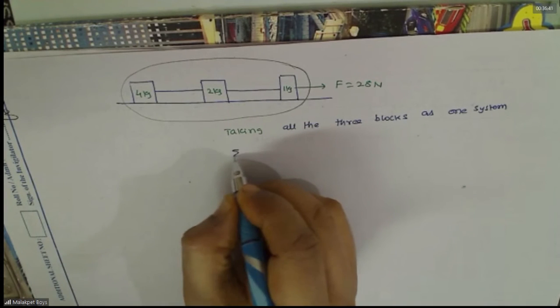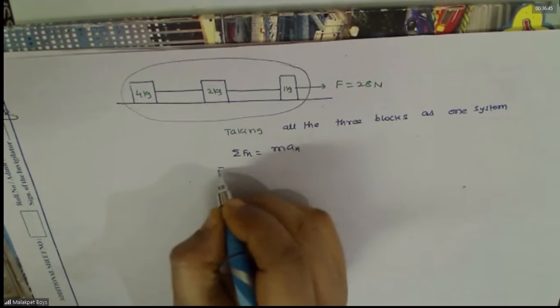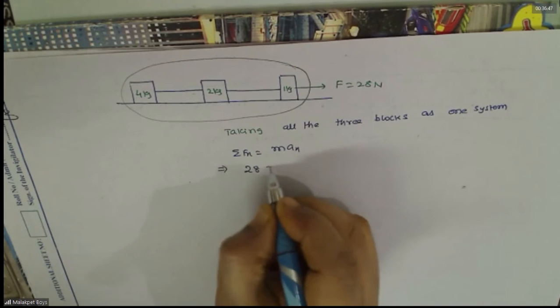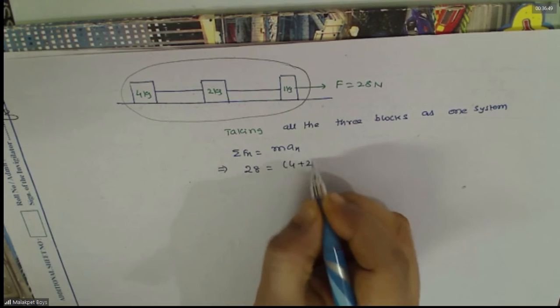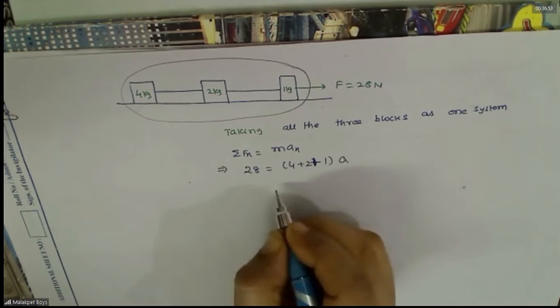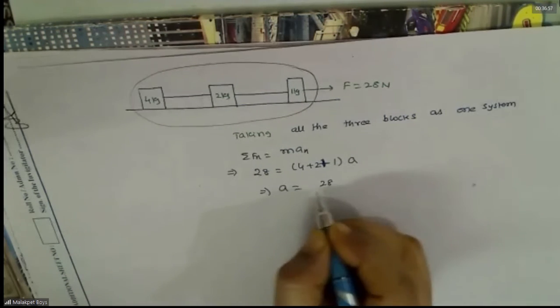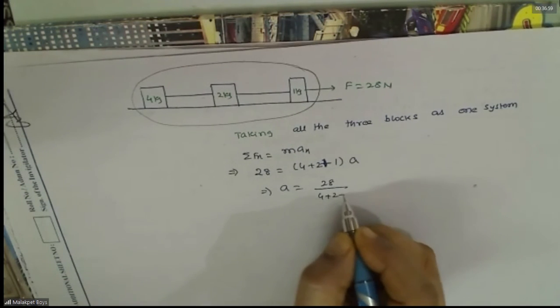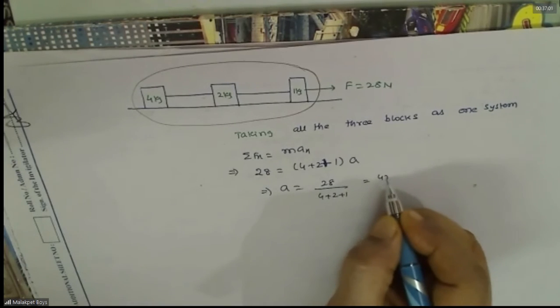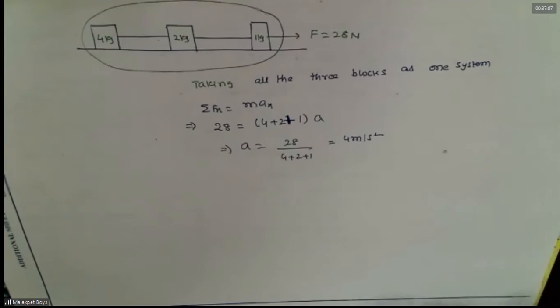You have sigma Fx equals ma, which implies the only force is this, the total mass of the system into acceleration. So what is the acceleration? Agreed. So you can get the acceleration.